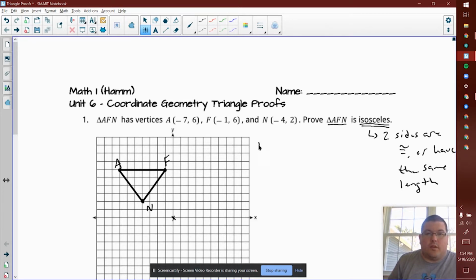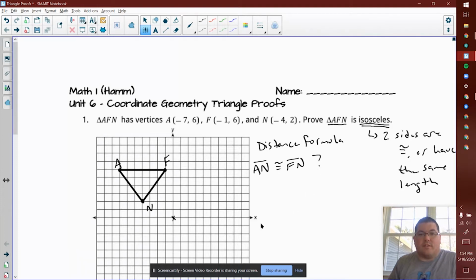Well, of course, we could use the distance formula, right? Now, just from looking at the triangle, it certainly appears to me that the two that would most likely be the same length would be AN and FN.